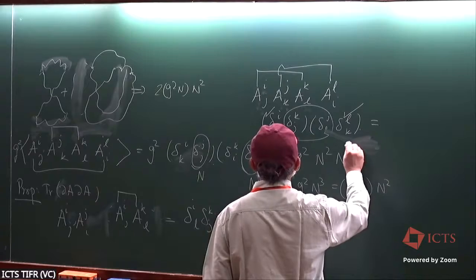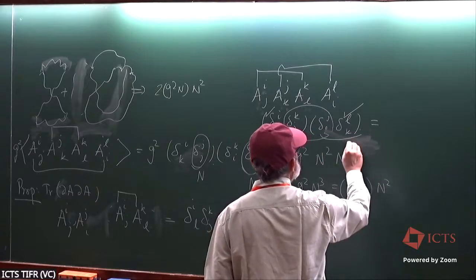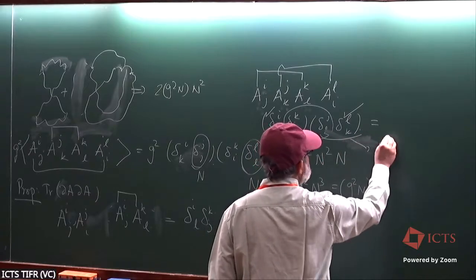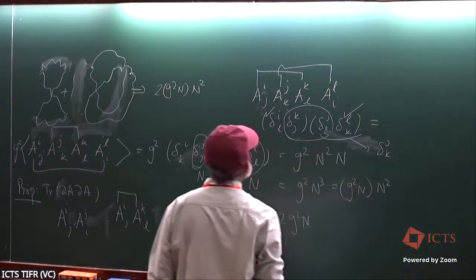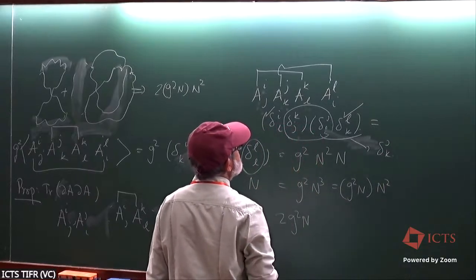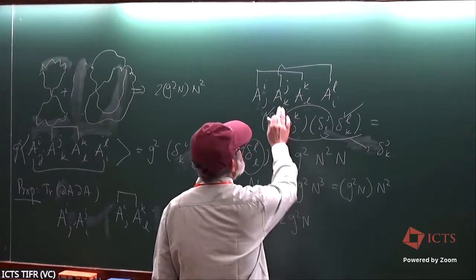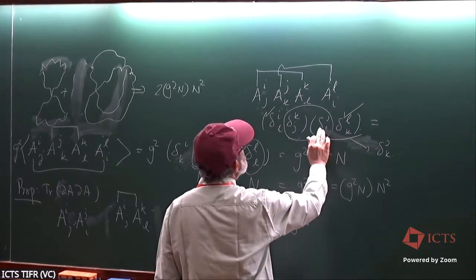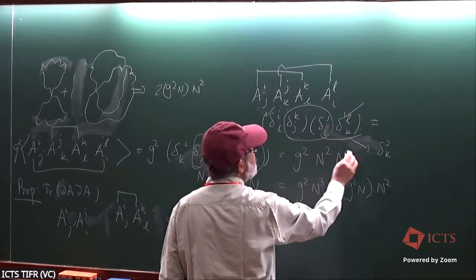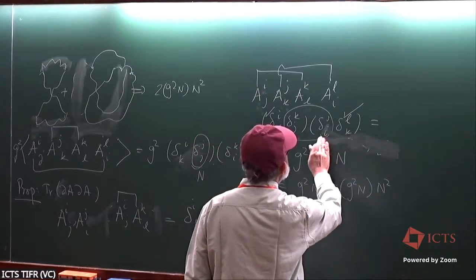Okay, so let me do it this way. These two together give me delta JK, right? This one, right? JI, yeah, okay, good. That's what was confusing me.